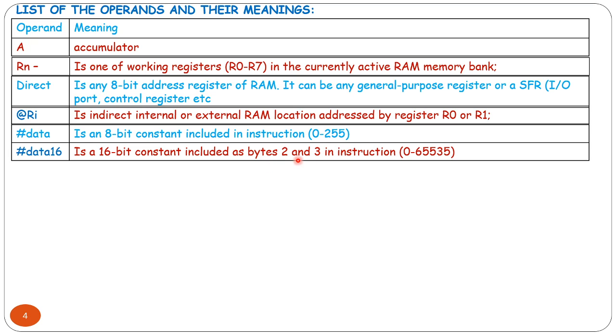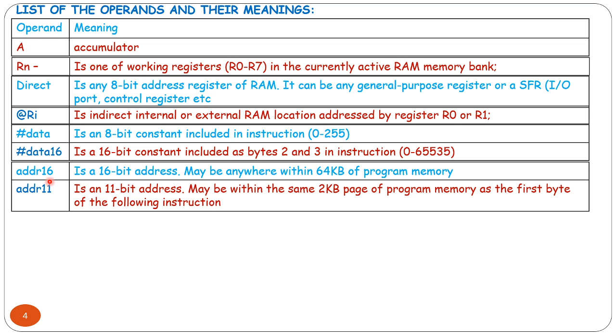So these two give us the values of address or data from 0 to 65,535, that is 64K address values or data value along with the instruction operation code, that is 16-bit data.